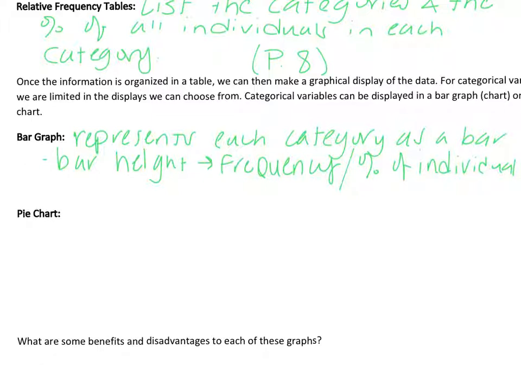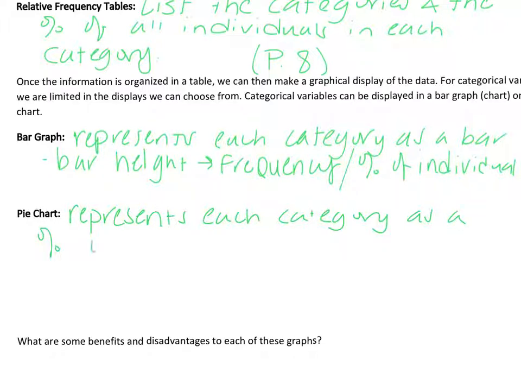The pie chart, on the other hand, is a little bit more complicated simply because you have to have the percentages of the whole. So this is going to represent the category as a percent of the whole.